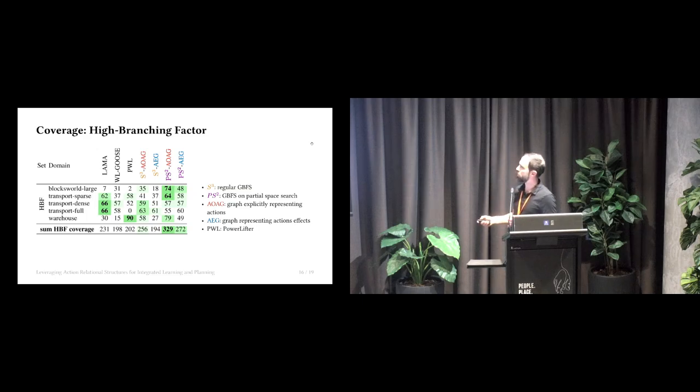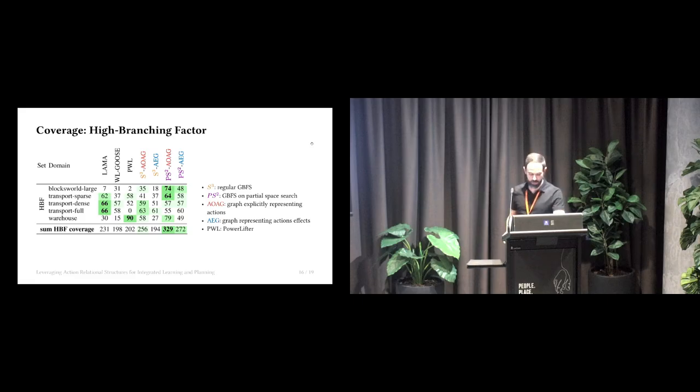We have transport with very large graphs and different densities. And we have here warehouse, which is a similar problem to Blocksworld, but with an even larger branching factor. There's a quadratic branching factor there. We can see that the partial space search really shines there and outperforms PowerLifter.